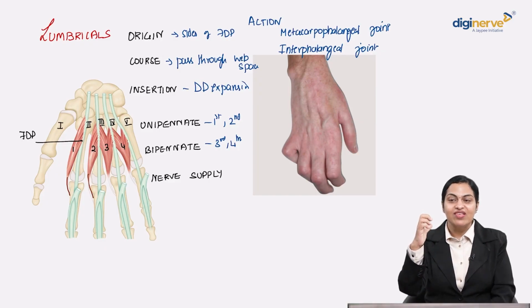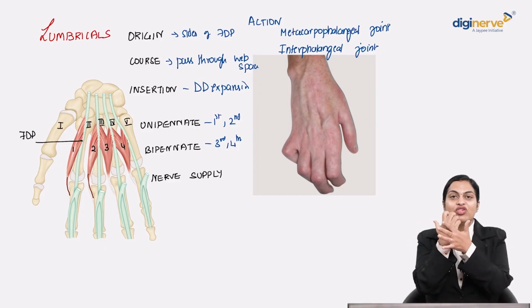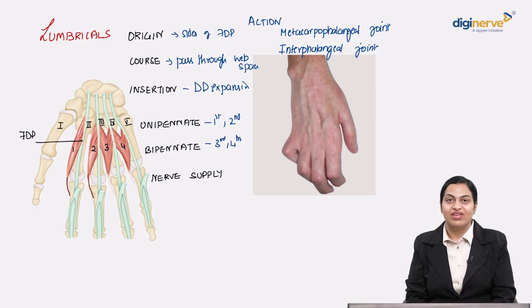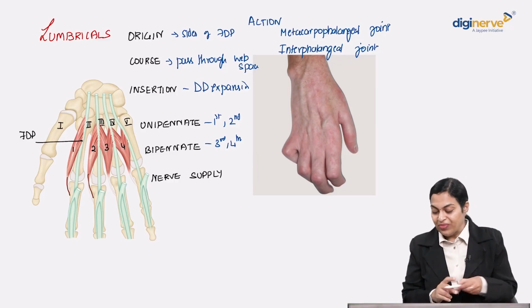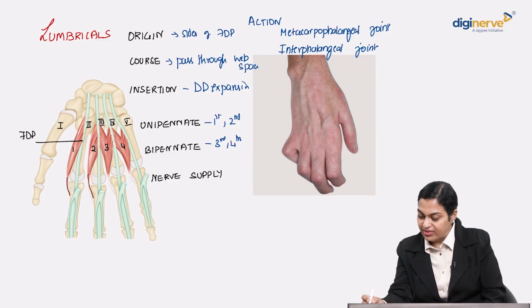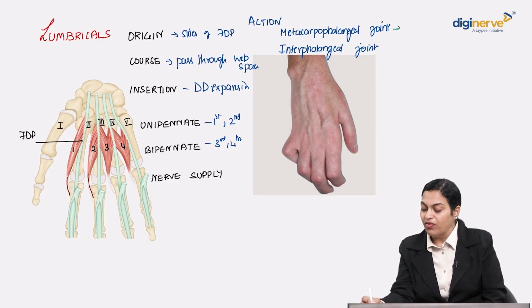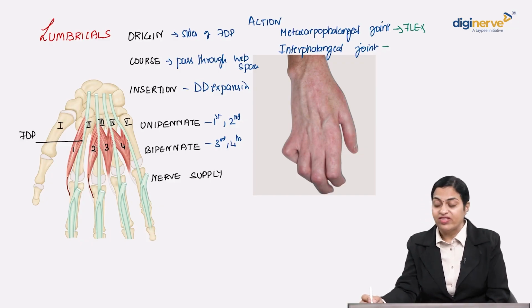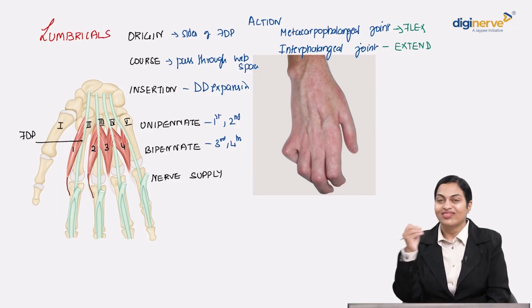The reversal is clawing, extension of the metacarpophalangeal joint and flexion of the interphalangeal joint. So action over the metacarpophalangeal joint is flexion, over the proximal and distal interphalangeal joint is extension.